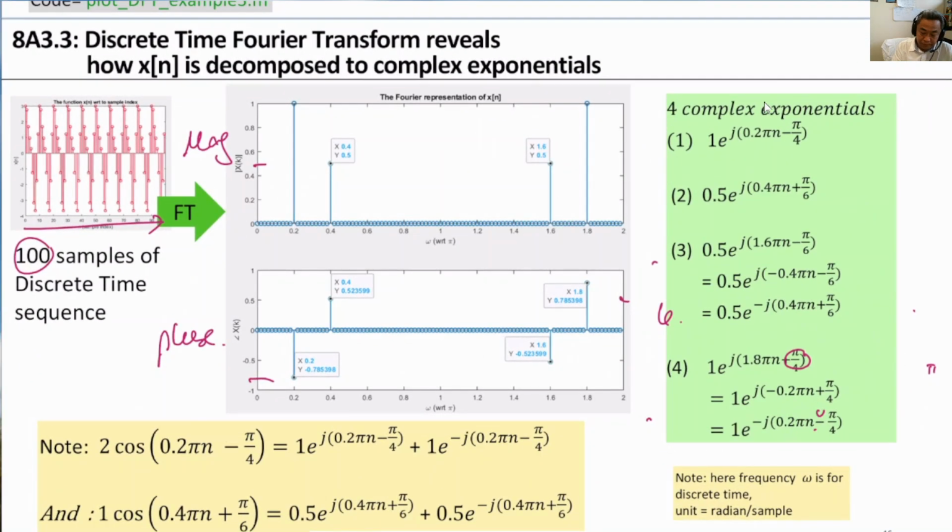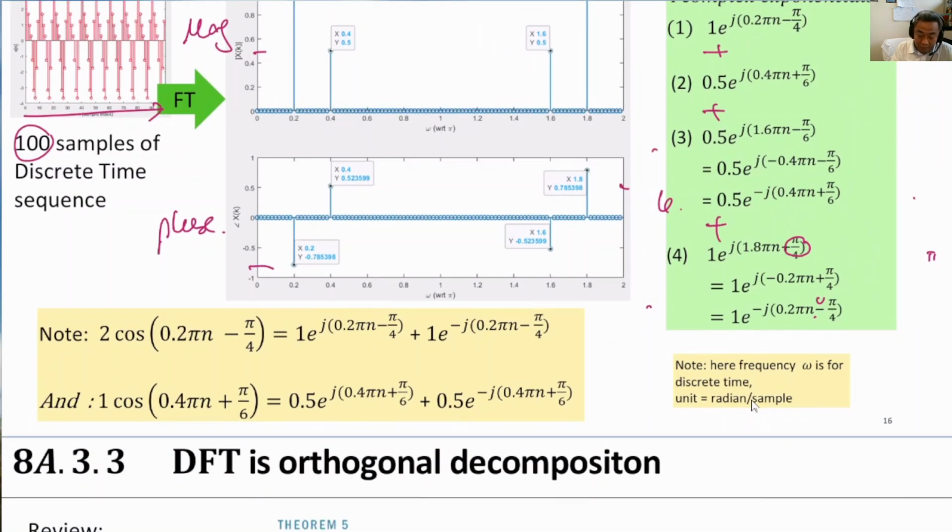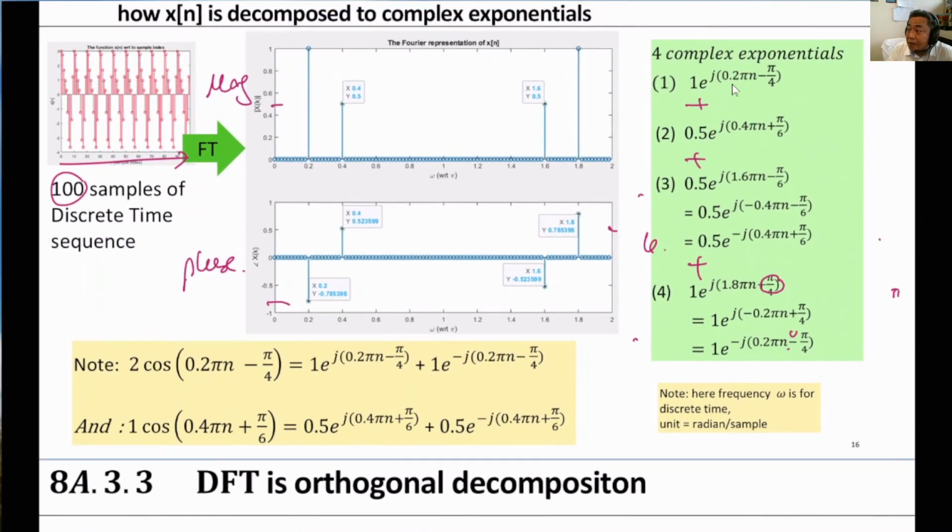Now remember that I should add all this up. When I add all this up, you realize that basically I can collect 0.2 pi and this minus 0.2 pi together. So this term and this term can be collected together, and it will give me 2 cosine of 0.2 pi n minus pi over 4.